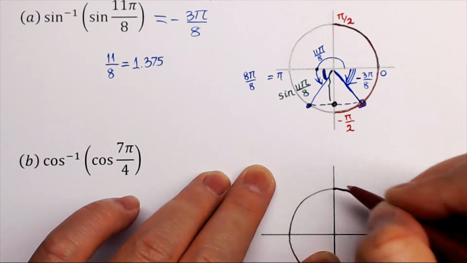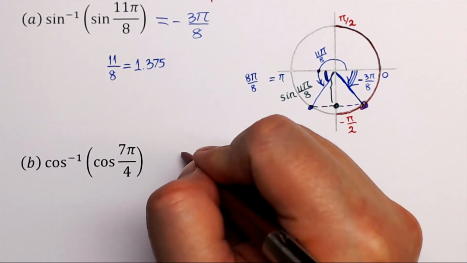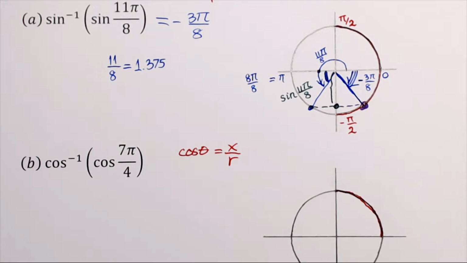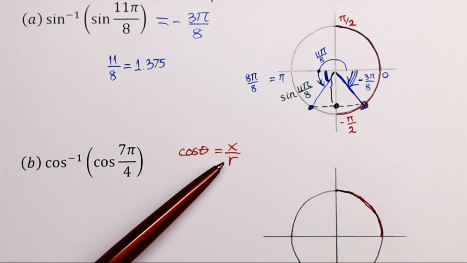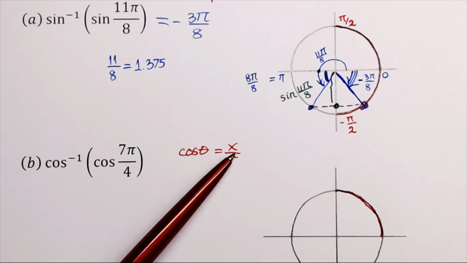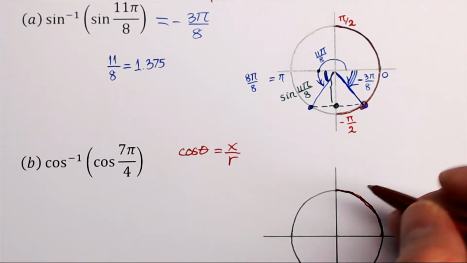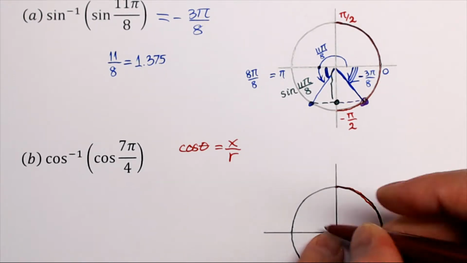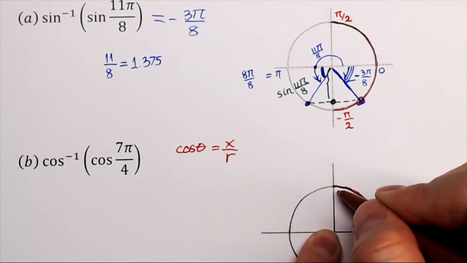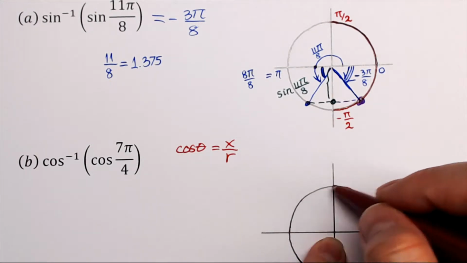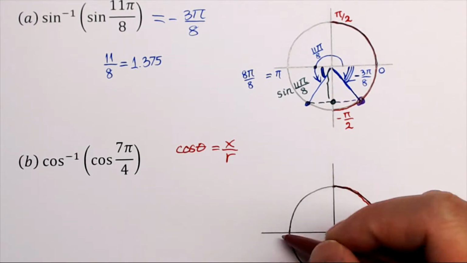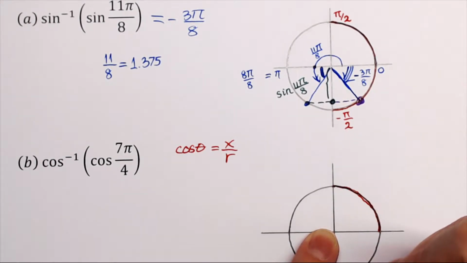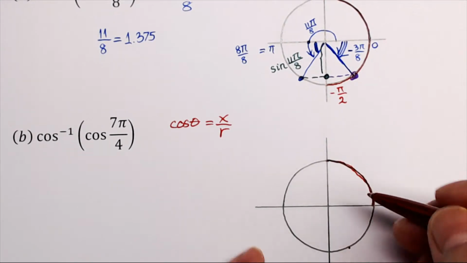So 11 pi over 8 is about here. We go from half a pi, pi, 11 pi over 8. If this is the point, the sine will give us the y value. So the y value is right here, and we can say this is sine of 11 pi over 8.